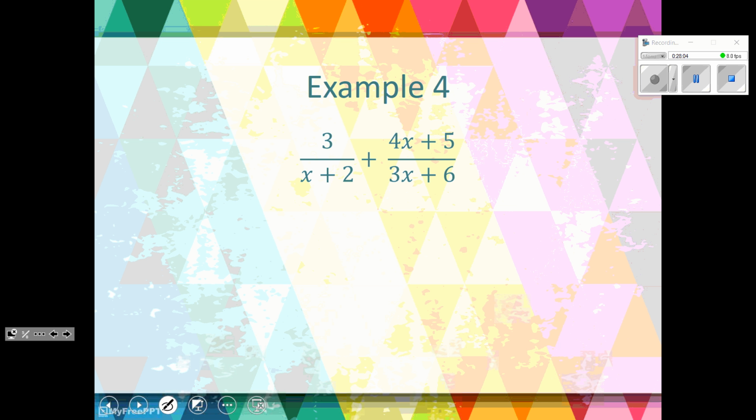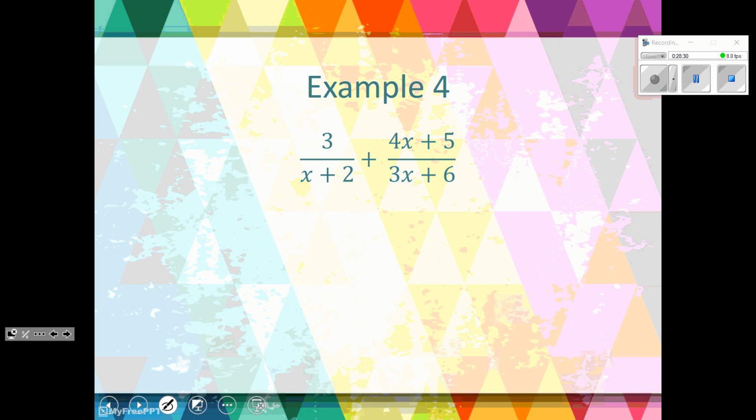What are we focused on getting in the beginning? Common denominators. So I am focused on the denominators right now. What do you notice about one of the denominators? They have to be fully simplified before you can do the common denominator. Does that make sense?